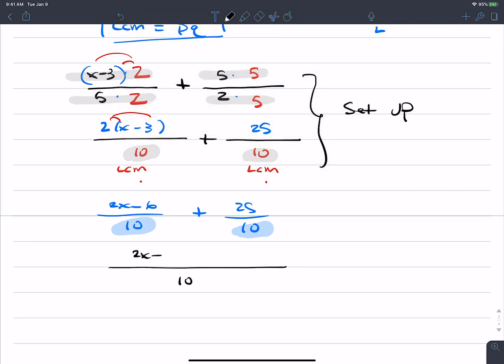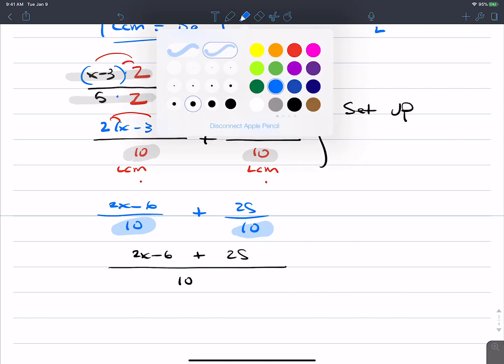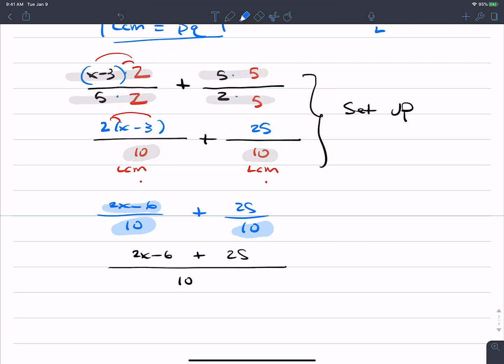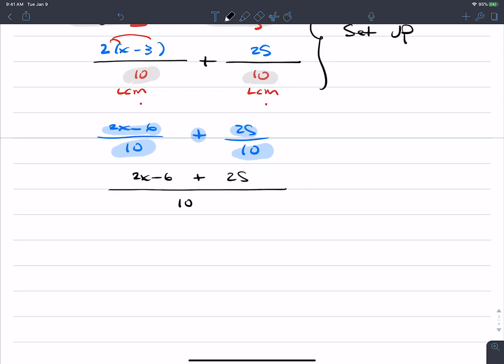We have 2x − 6 + 25, because all we did here was perform this arithmetic. And we could combine our like terms. The only terms we can combine here are the negative 6 added with 25, and that gives you (2x + 19)/10.